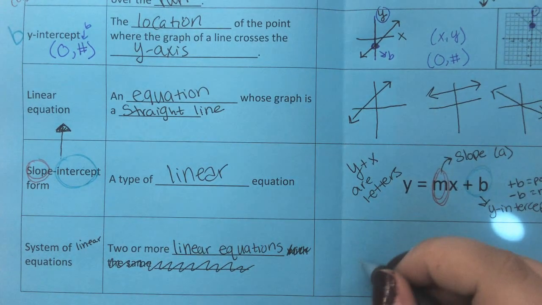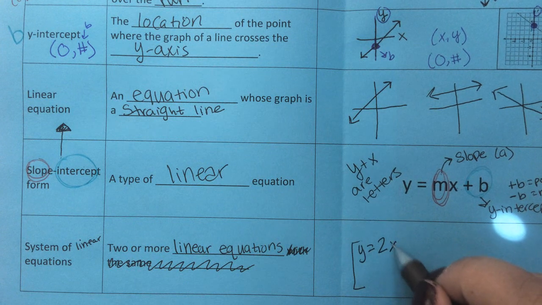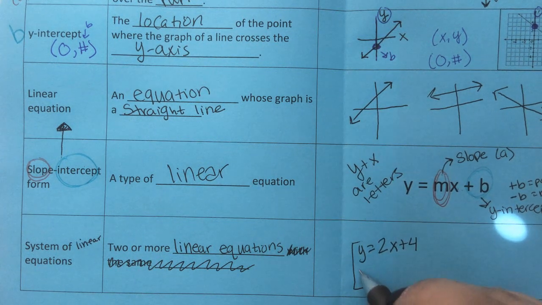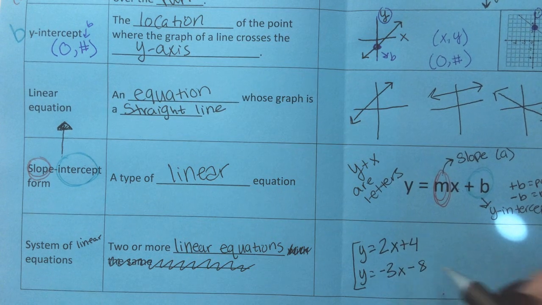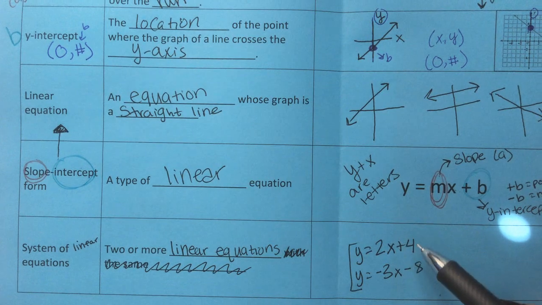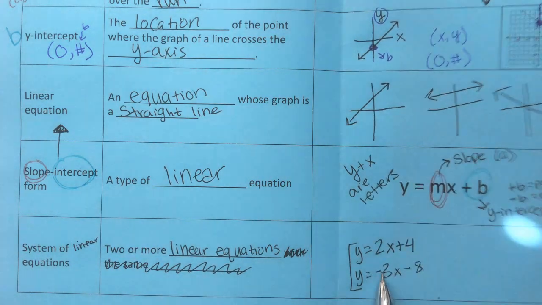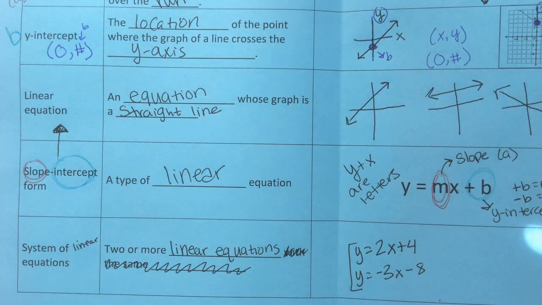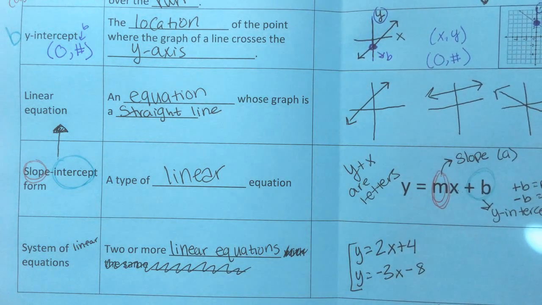That might look like a group of y equals 2x plus 4 and y equals negative 3x minus 8. Here I have two linear equations that are in slope-intercept form. So I have a system of linear equations. I have two slope-intercept form equations here.